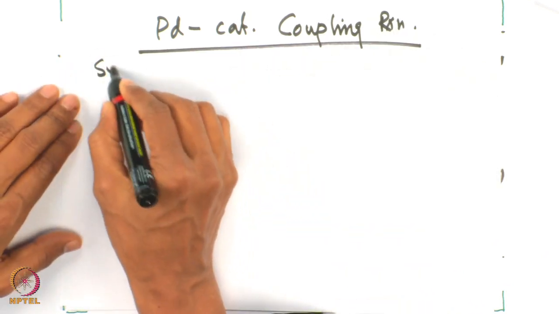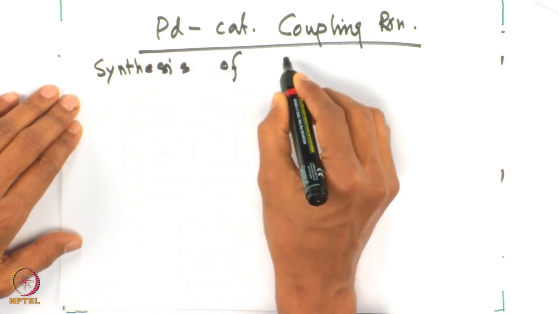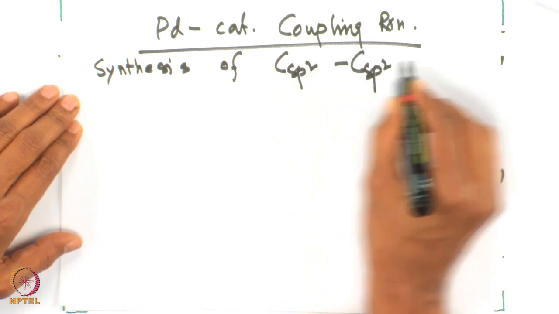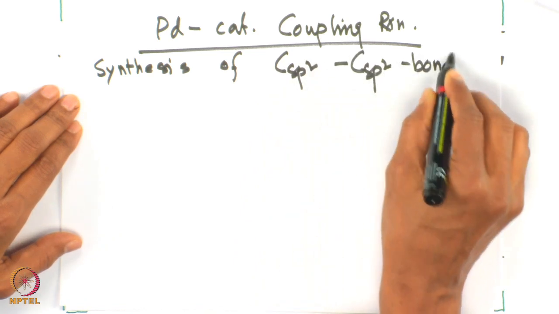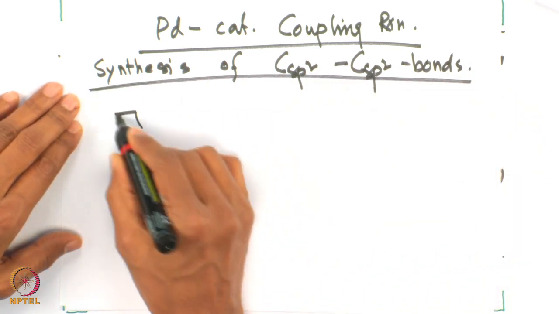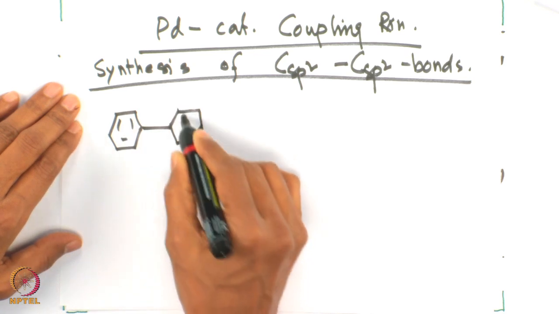Okay. So, most importantly, synthesis of sp2-sp2 bonds, right. Well, let us try to think about forming a biphenyl ring.